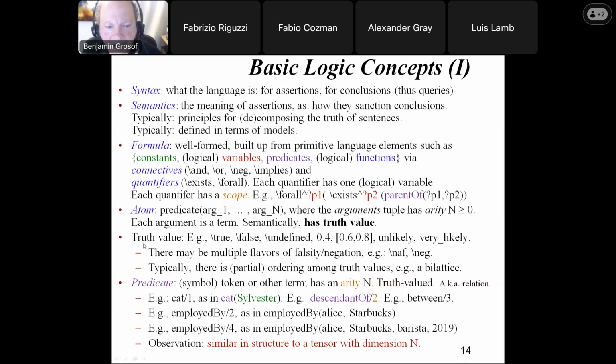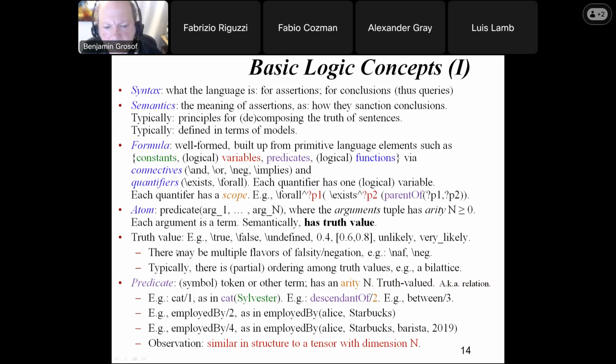Semantically, an atom has a truth value when interpreted. A truth value could be true or false, but also more generally in KRs, it might be something like undefined, which can essentially be viewed as don't care. It might be a probabilistic value, such as 0.4, or a numerical interval, such as 0.6 to 0.8. It might use discretized ordinals in a lattice, such as unlikely or very likely.